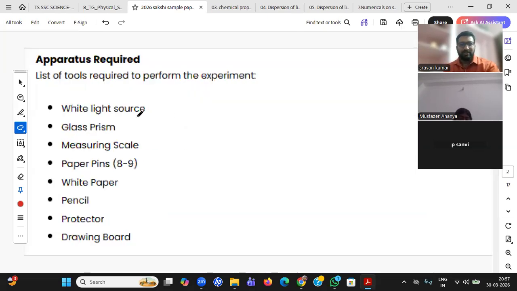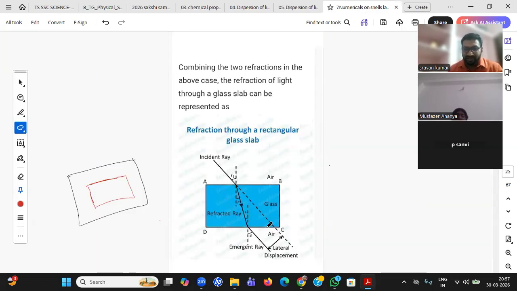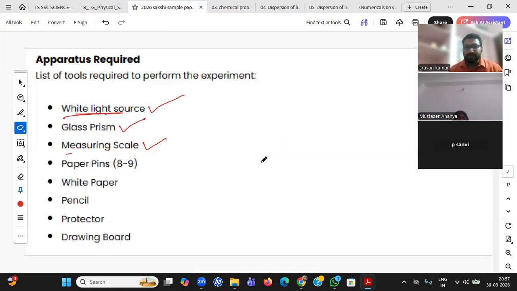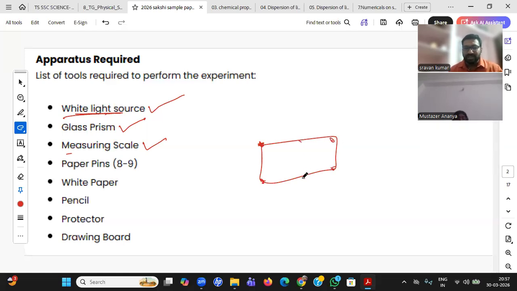First of all, he should send light through the glass prism. Light is required, and the glass prism is required for the experiment. And he needs to measure how much is the deviation, the displacement. So obviously he needs a measuring scale, and the paper he needs to pin so that it is not disturbed.